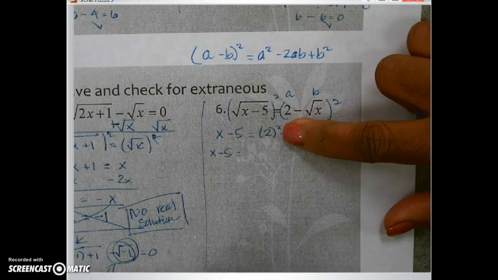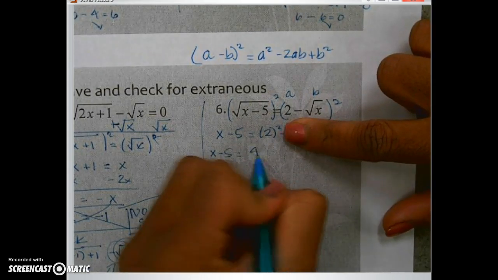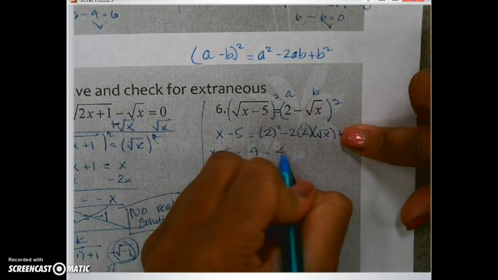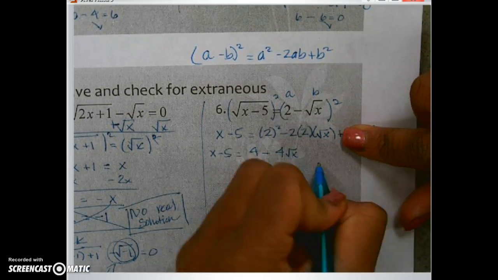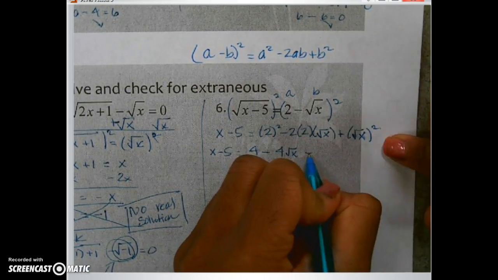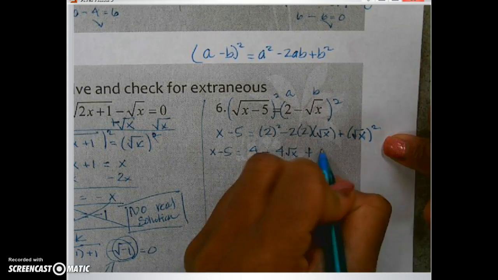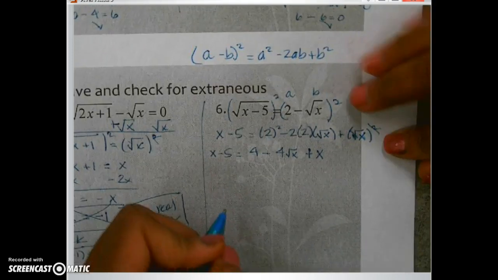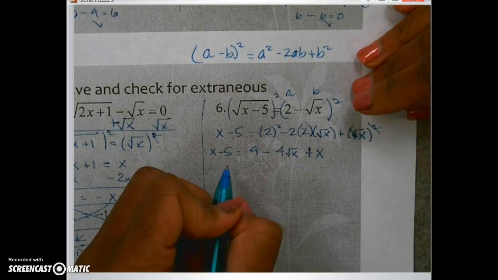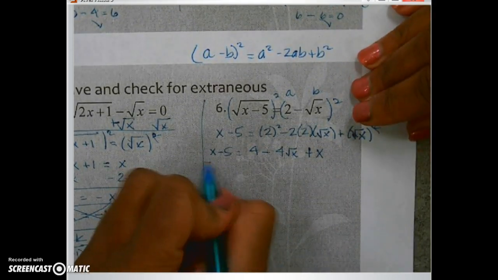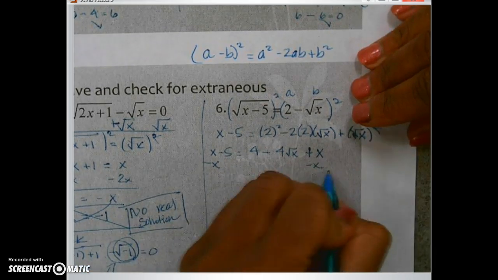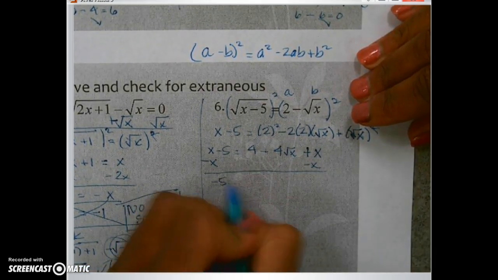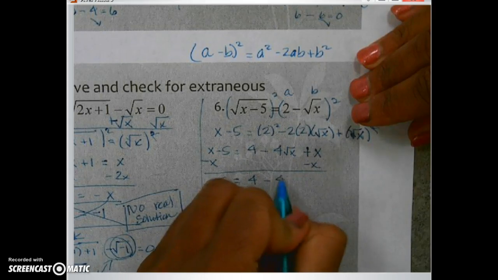And then moving from left to right, I have 2 squared is 4, minus 4 radical x, plus x, plus x. I was thinking, these cancel out. Okay, let's try to collect our variables. So I'm going to subtract x and subtract x, and I'm a little bit happier. I have negative 5 equals 4 minus 4 radical x.